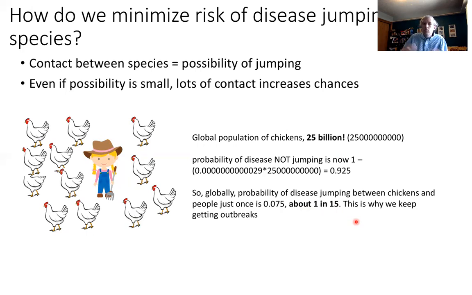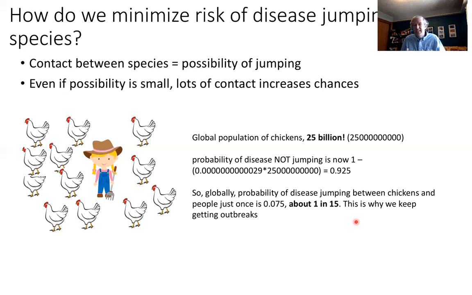Even though we know the probability of any one contact between a chicken and a person resulting in bird flu is very low, because we have so much contact between chickens and people, even though the chance of it jumping on any one occasion is in the hundreds of billions, because there's so many contacts, we keep getting diseases jumping.